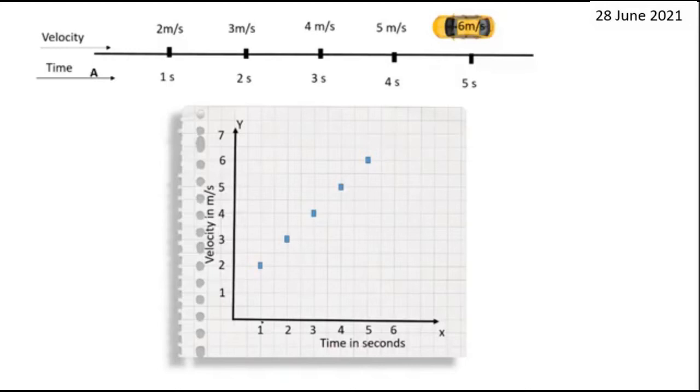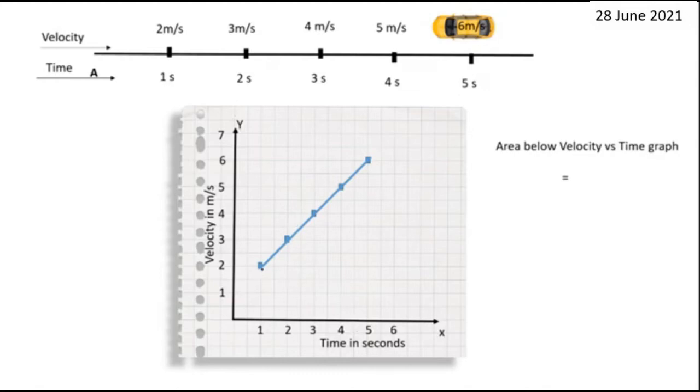And therefore if you plot the graph, here you are getting for the first second here, for the second slightly more, and here a little bit more height because it is 4 meter per second, 5 meter per second, right? And then 6 meter per second at 5 seconds, and you get a straight line, but not parallel to either the velocity axis, that is the y axis, or the time axis.